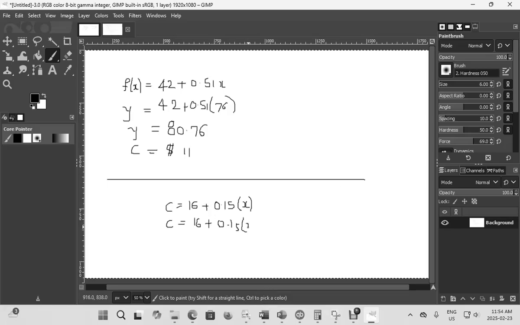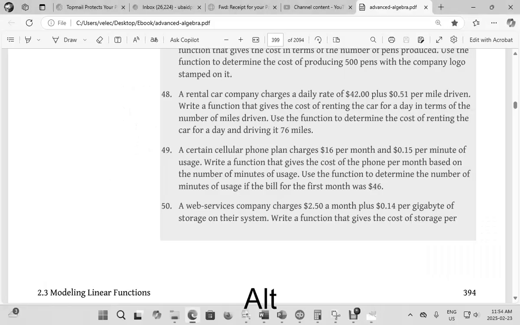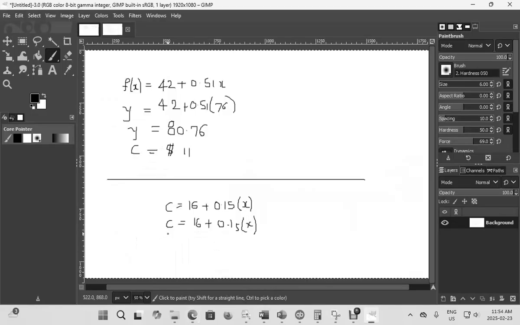But we know the overall price that he paid for his cell phone plan, which is $46 in the first month.